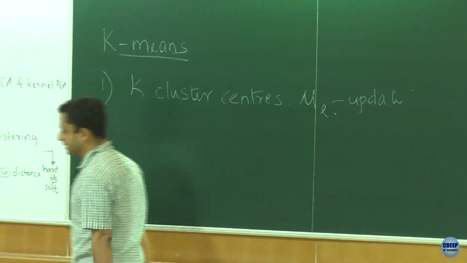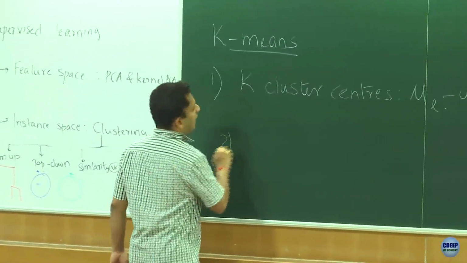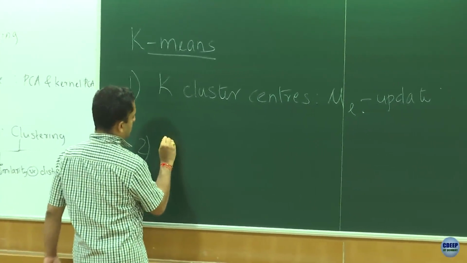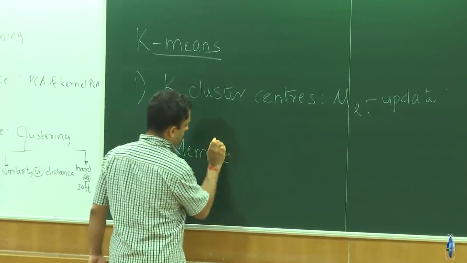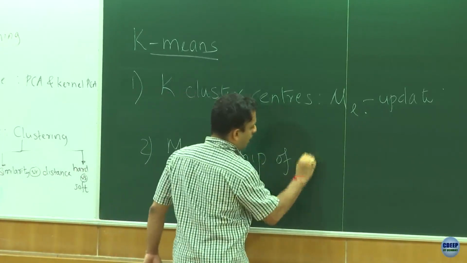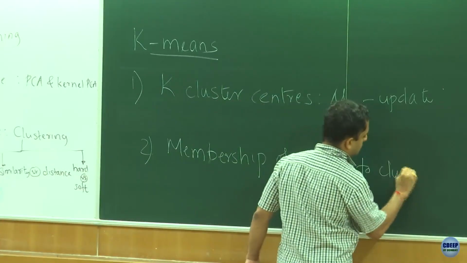The first iteration is just initialization, then it's update, and second is the membership of points to cluster centers.